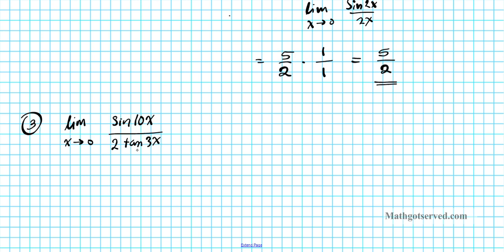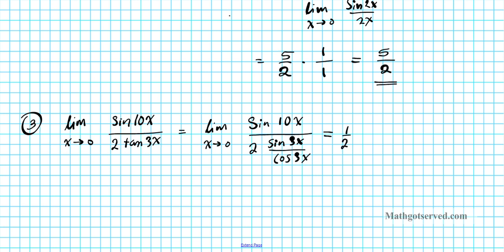So tan can be broken down using the quotient trig identity. This can be broken down into the limit as x approaches 0 of sine 10x divided by 2 sine 3x over cosine 3x. We can just factor out this 2 as a 1/2.